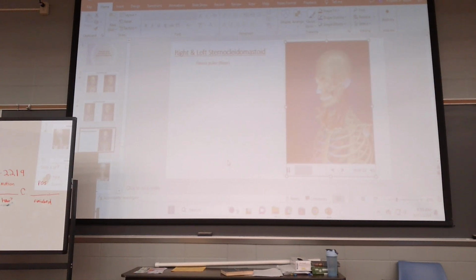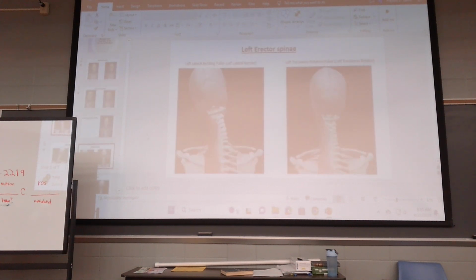I love that. Get a better visual. Anterior draw, anterior pull. Trying to bring your chin to your chest, pulling in that direction. All right? Let's go to the erector spinae visuals.